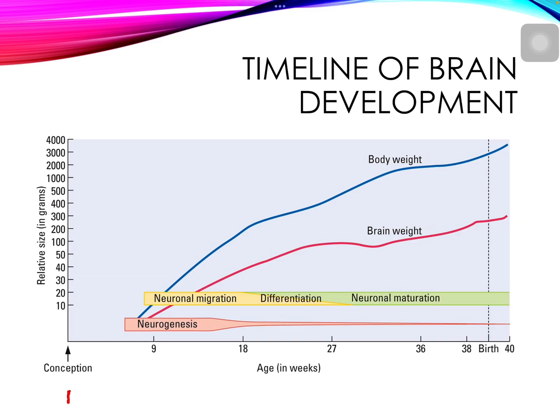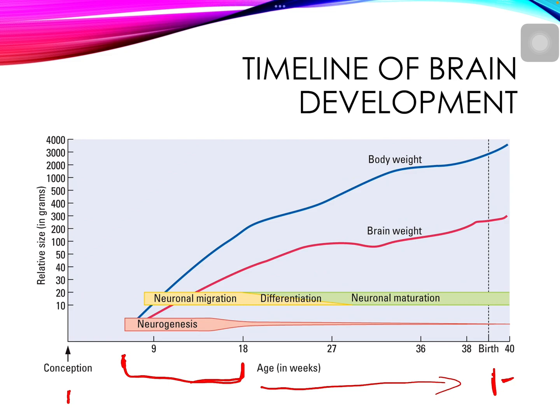And so here's conception to birth. And this is directly right after birth, the first maybe 2 weeks of life. Here you can see that neurogenesis is occurring. We talk about 7 weeks. And then we can see that process of neurogenesis mostly occurring in this time frame, and then tapering off until right about birth.